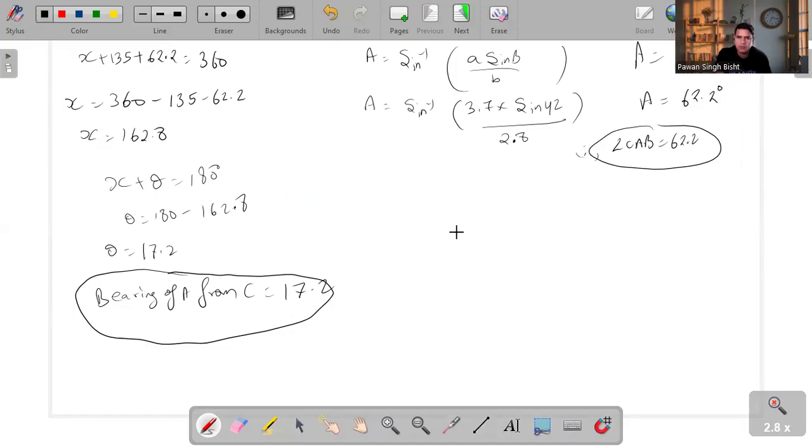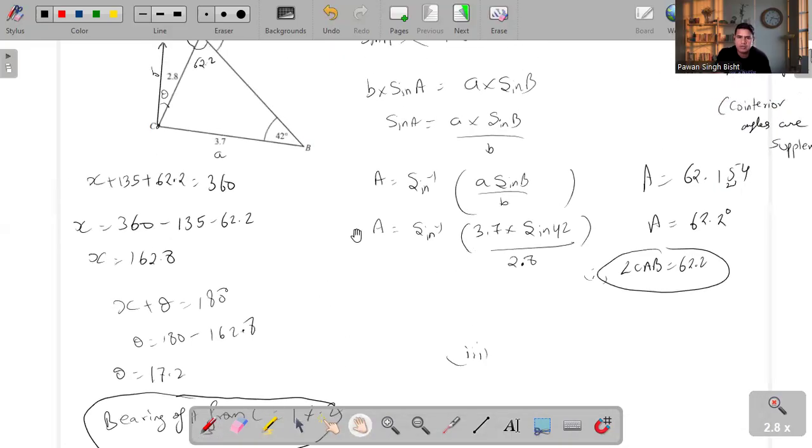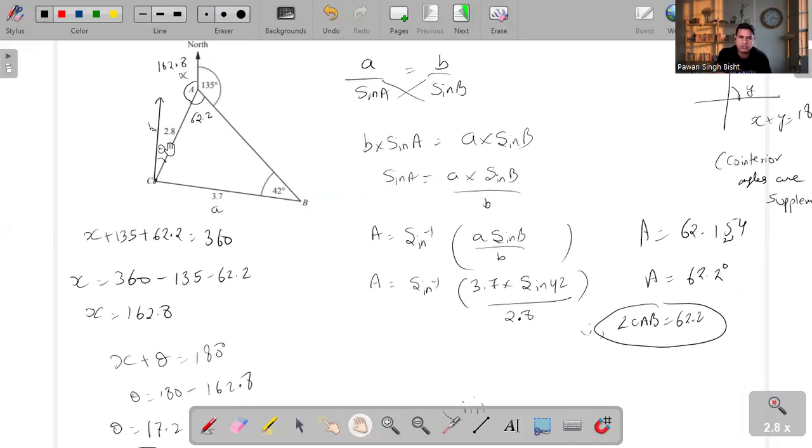Right. Now for the third part, they say calculate the total length of this route. So we know these two sides. To find the total length, I need to find AB. If I find AB, then I can add all the sides. So first of all, you find this unknown angle C. Angle A is 62.2, B is 42.